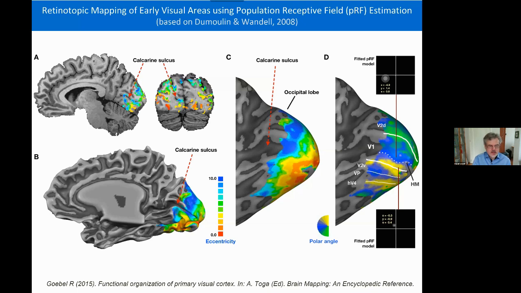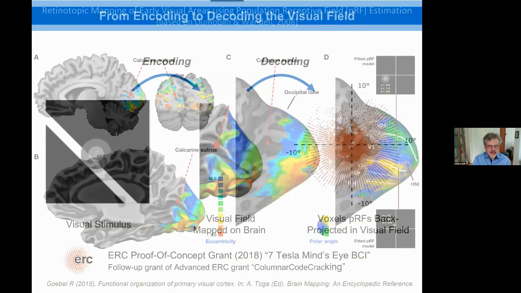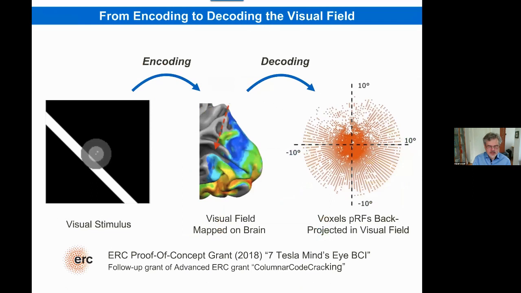In the second decoding step, we invert the process by projecting the pRF locations of voxels activated during a specific imagery trial back into a visual field representation, thereby reconstructing the imagined shape.